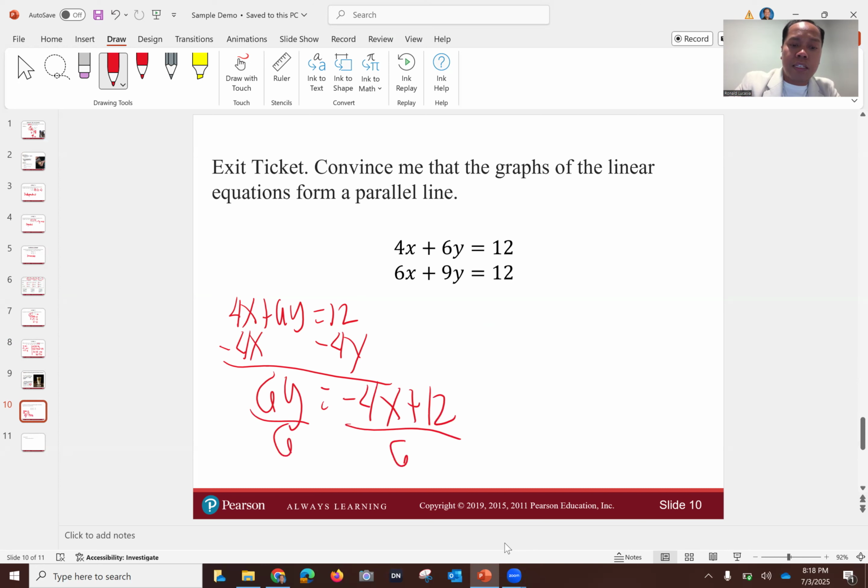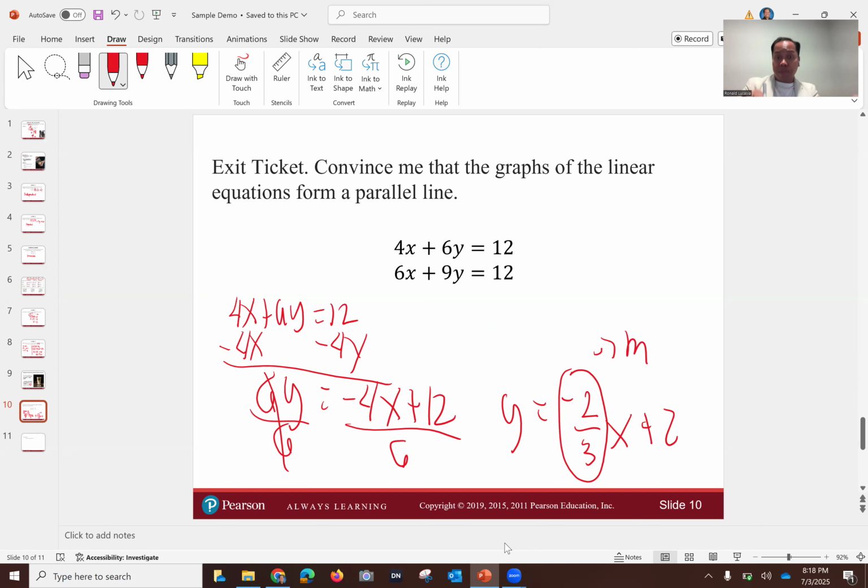Dividing both sides by 6, our y is negative 2 over 3 x plus 2. This is the slope actually. Same thing with the second equation. This one has a slope also of negative 2/3. Regardless of what the y-intercept is, as long as it's not the same, then they're parallel lines.